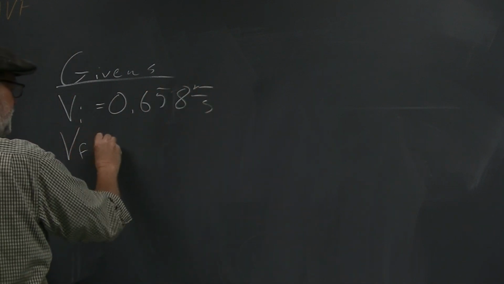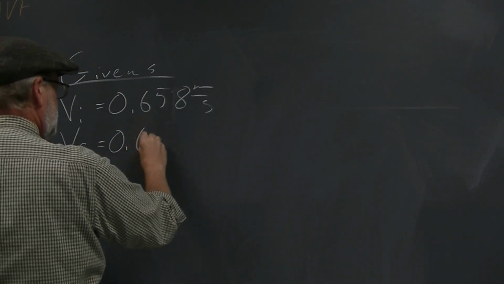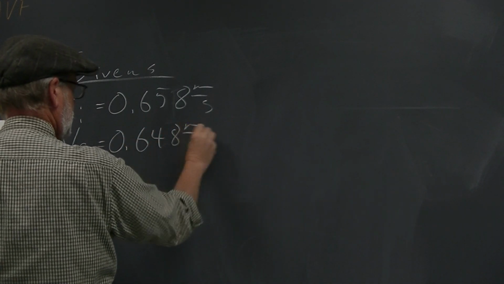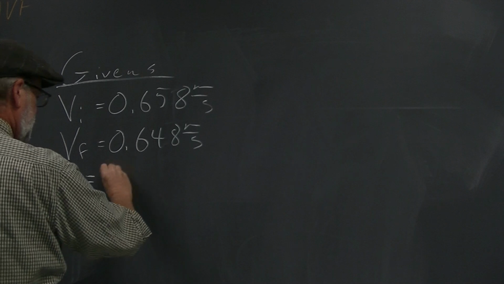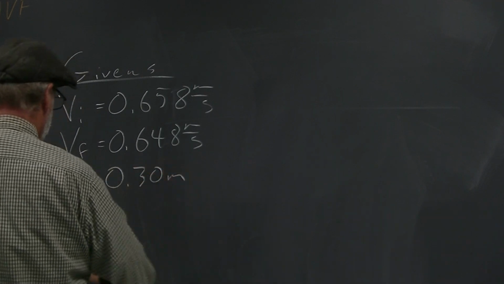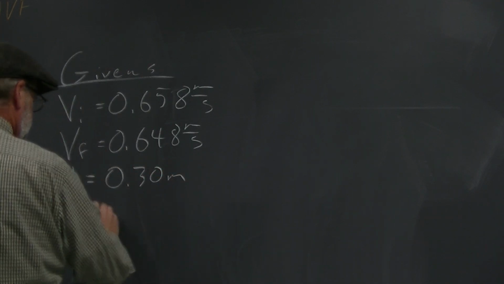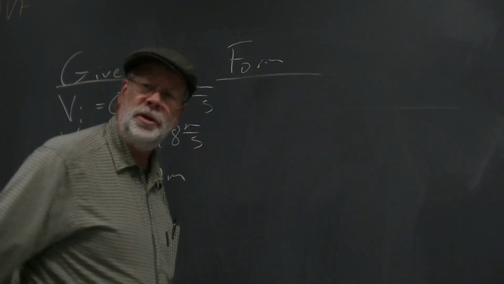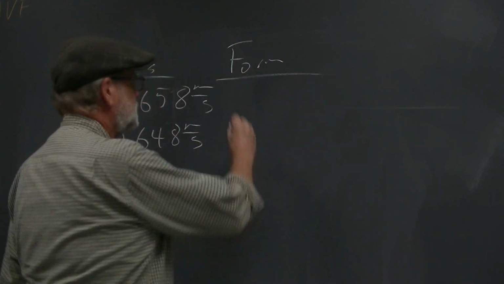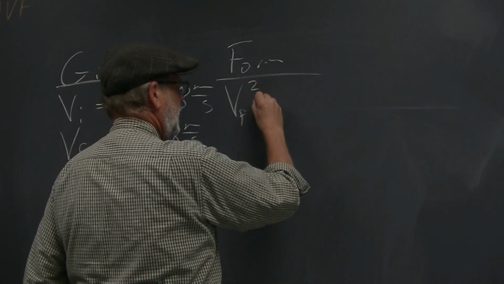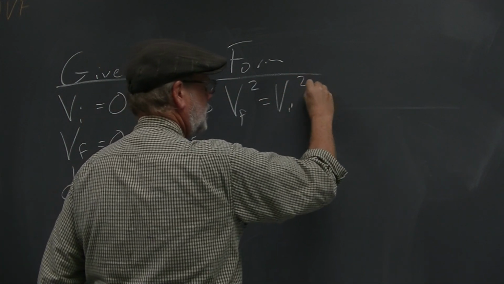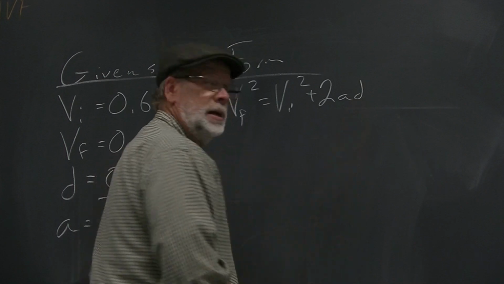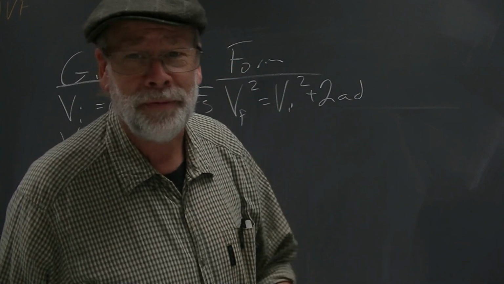V sub F equals 0.648 meters per second. Distance equals 0.30 meters, and we're looking for the acceleration. Right? The formula we will use, if you look it up in your reference tables, is VF squared equals VI squared plus 2AD. Standard formula, it's in your reference tables, okay?